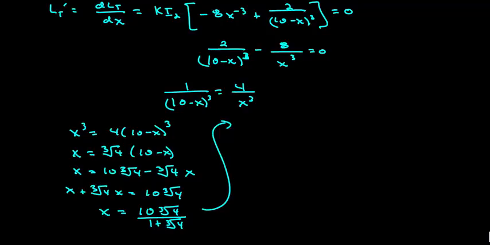The other thing we should check is we should see if that actually is a minimum or a maximum, and also we should check to see what an x value of 0 gives us and what an x value of 10 gives us. So I'll do that in just a minute. But for this x value, I'm going to get this in terms of a decimal.